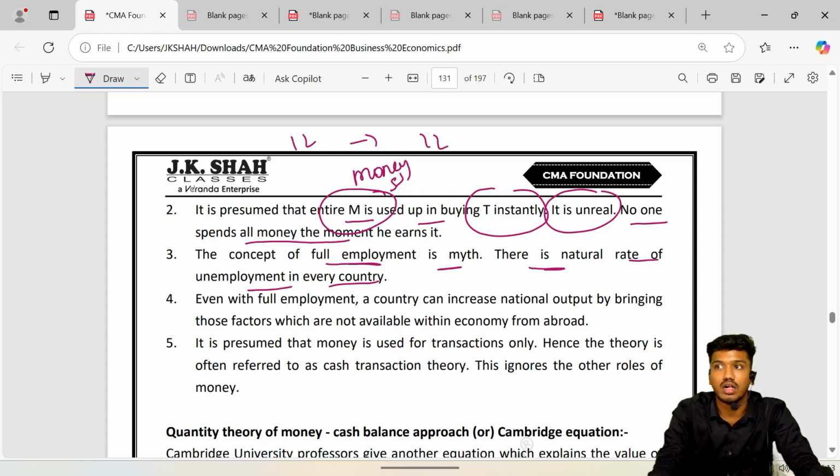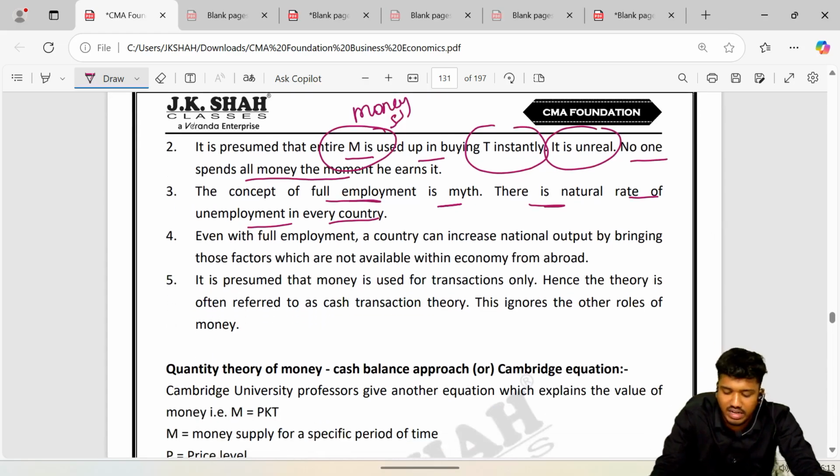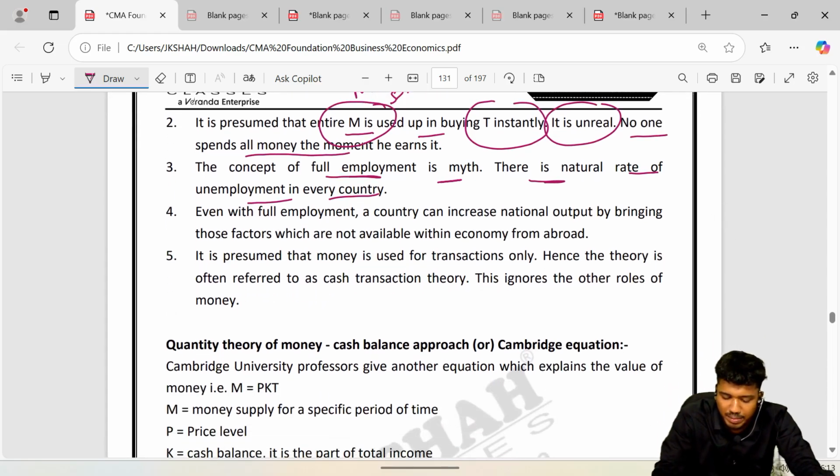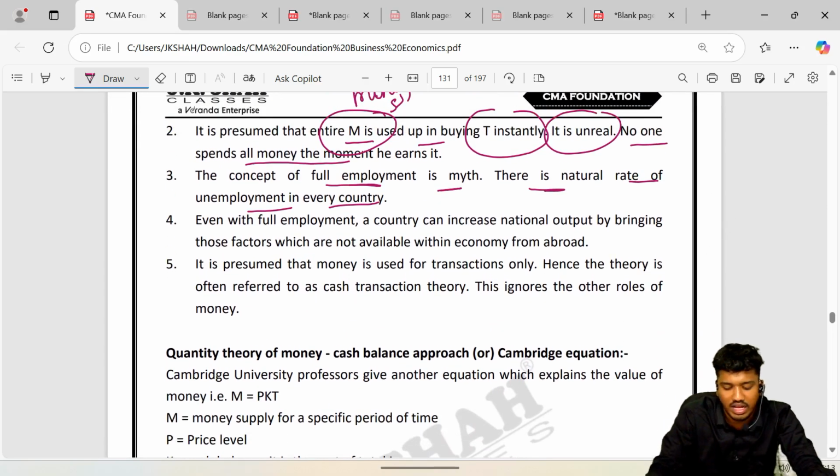No, in India, a developing country and one of the most populated countries in the world, there exists a substantially large population which is unemployed. So in every country there is some rate of unemployment which is not being taken into consideration. That is our criticism.